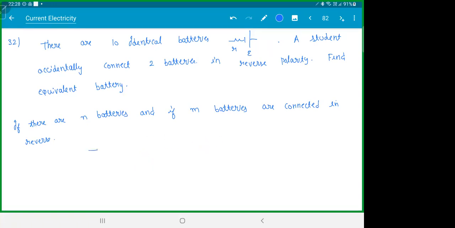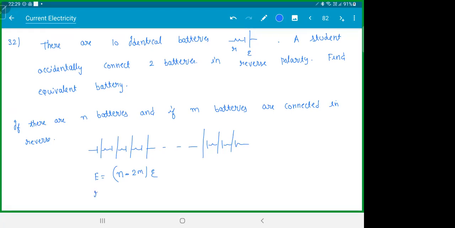So when you connect these batteries here, the EMF will be, there are n batteries, (n minus 2m) into E. You lost m batteries and m batteries will be reversed to you, so m batteries will cancel again. So you actually lose double the batteries.